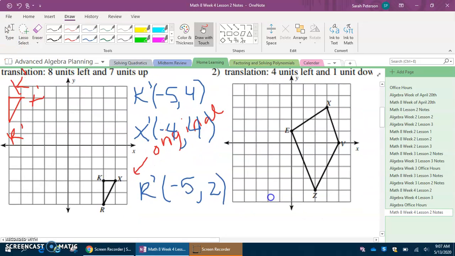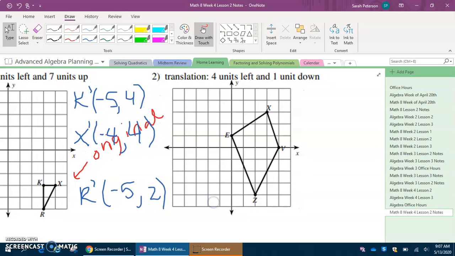For the next one, it says translate 4 units left and 1 unit down. So I'm going to do this one a little faster, but it's the same way. I got to translate each point. So I'll use blue here. So 4 units left is 1, 2, 3, 4, and 1 unit down. So my new x is going to be there. And I'll just label that X prime.